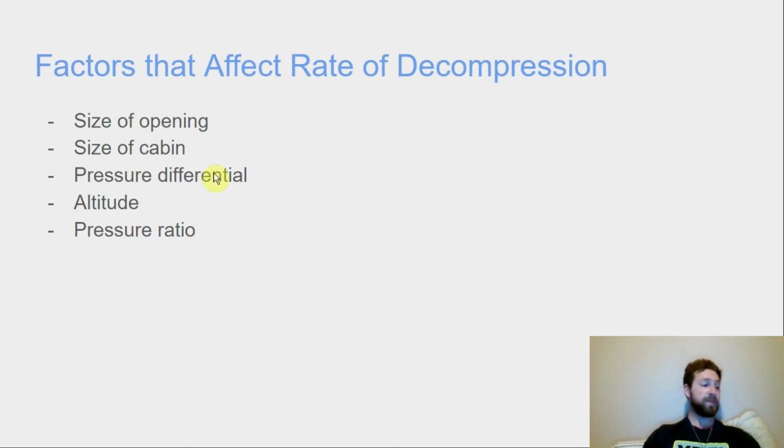The third one would be pressure differential. What is the difference between the outside and the inside pressure? The greater that is, the faster that pressure is going to work towards equalizing. The fourth one would be altitude. The higher up we are, the faster our plane's going to want to decompress. And finally, the last one would be pressure ratio.